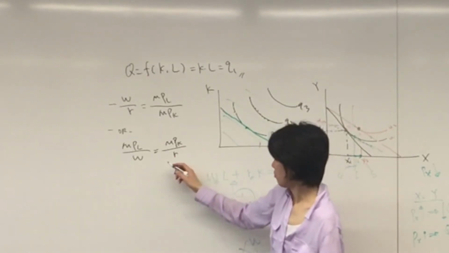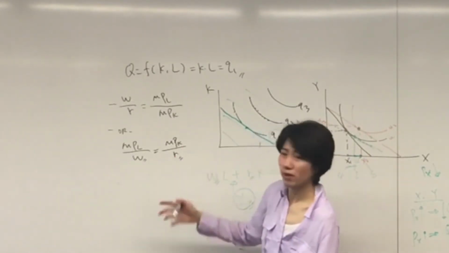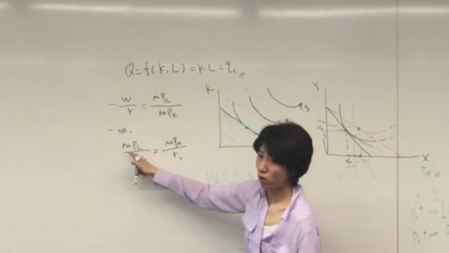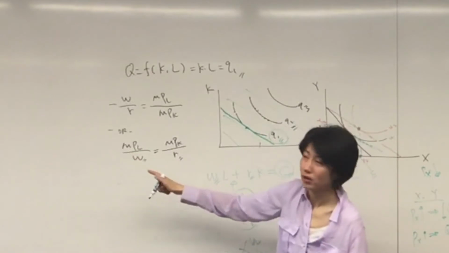Okay, you are given W and R, the price of inputs. And also you are given the mathematical expression for marginal product of labor and capital.